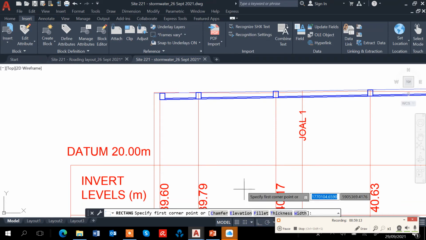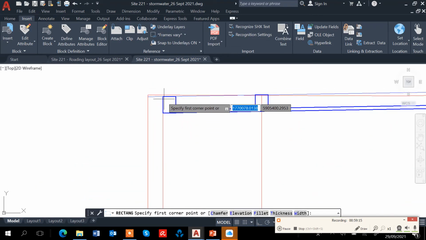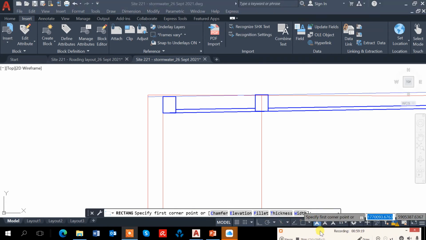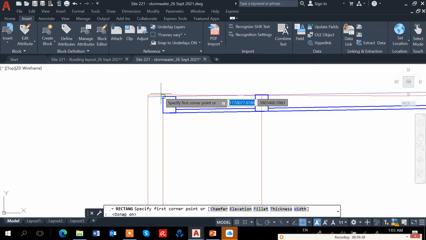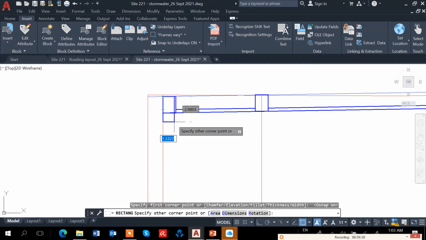Let me see. Probably it's deeper, the 900.